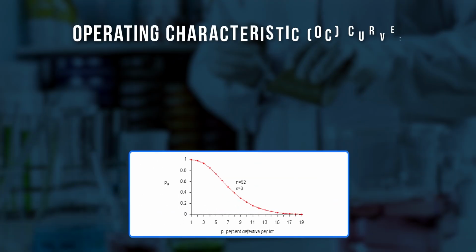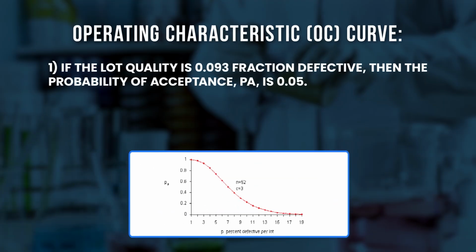We can interpret the curve in this way. Suppose the lot quality has 0.093 fraction defective, that means 9.3% defects are there in the product, then the probability of its acceptance is 0.05, that means only in 5% of cases it will be accepted.